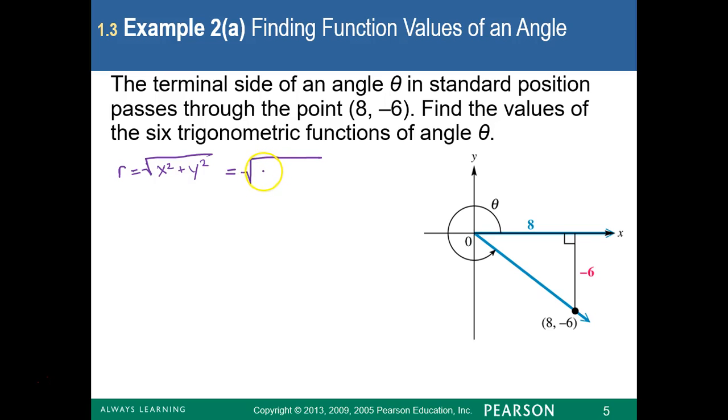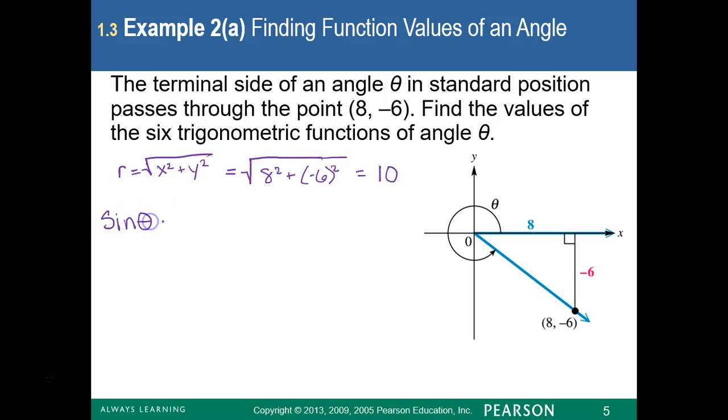So x is 8 and y is negative 6. So we get the value of 100 inside the square root, which is equal to 10. Now we've got our x and our y and our r. Let's find all of our trig functions.